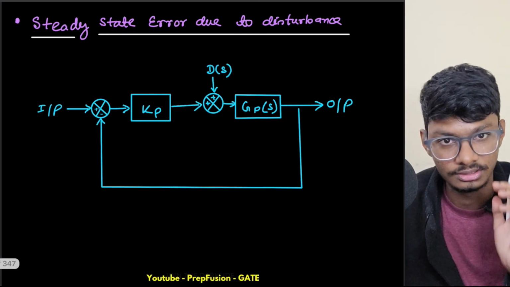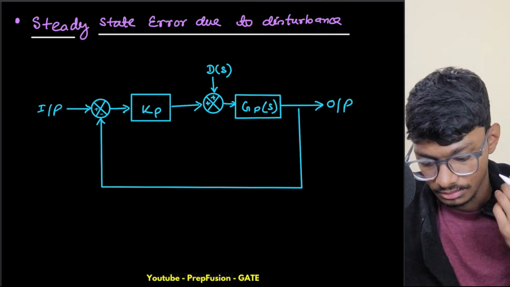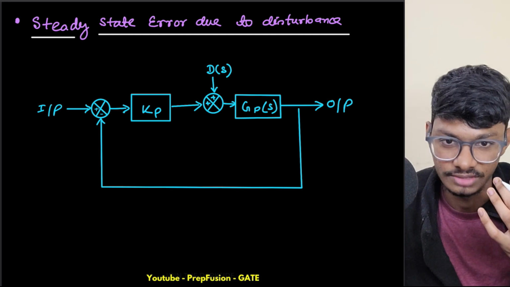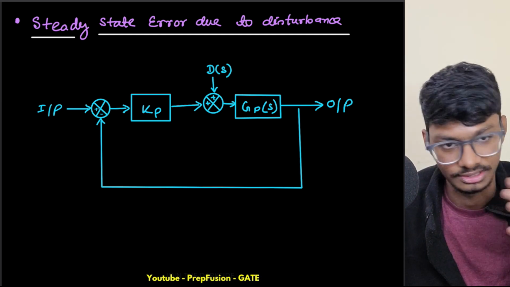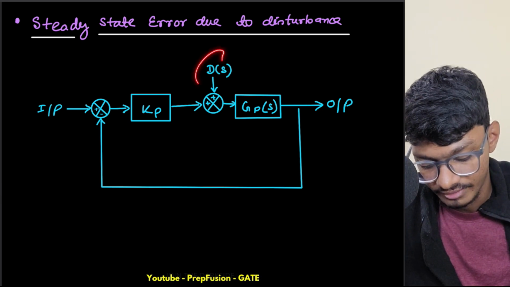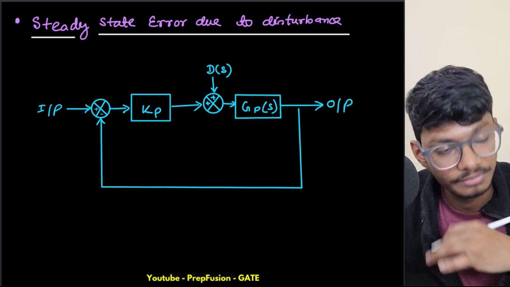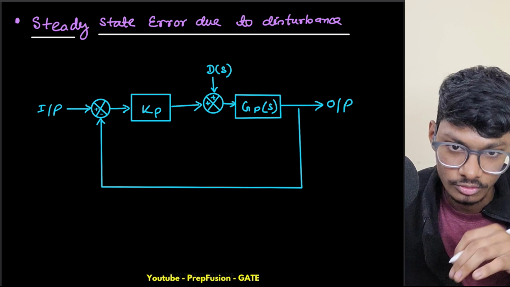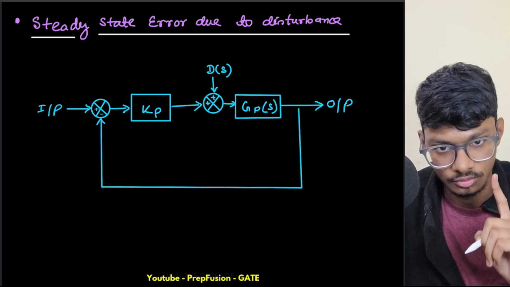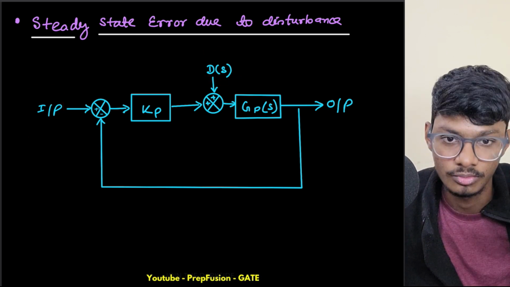Now another thing you have to do is steady state error due to disturbance in a proportional controller. We know a bit about disturbance. We have already covered this since the time domain response. So what will happen if I have a disturbance signal? Will the proportional controller be able to completely remove it, or will it be able to reduce it, or it won't do anything? Let's see. Obviously we can't solve this simultaneously. We have to use the principle of superposition.